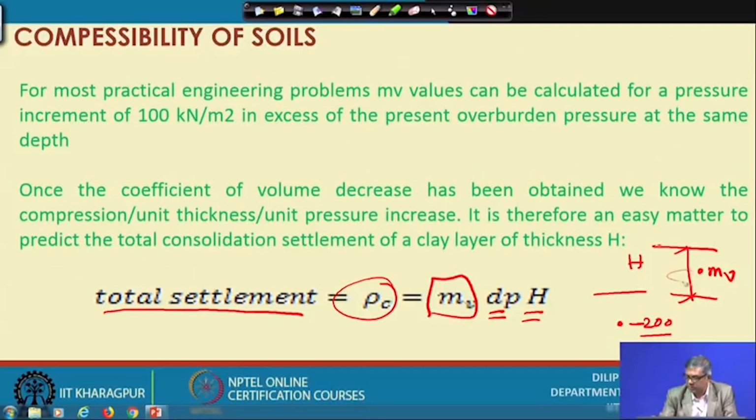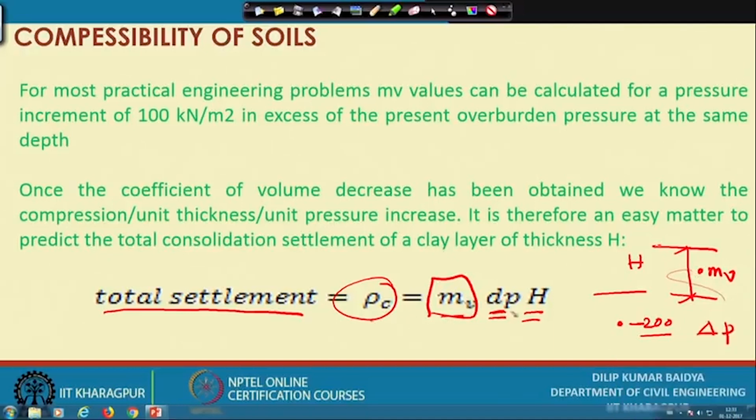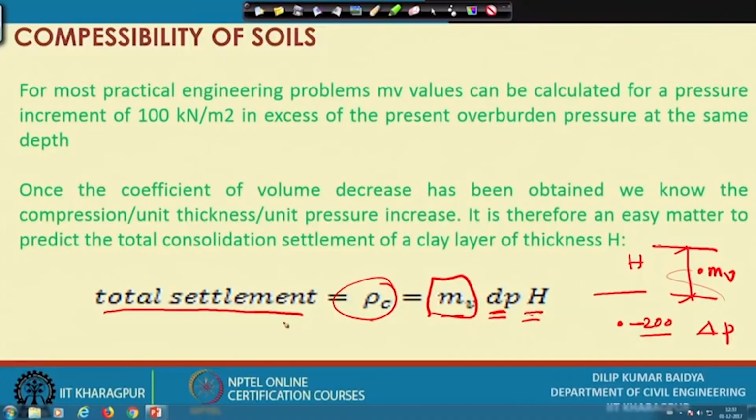Then your settlement will be MV dP into H. This is one way to find the compression, called the MV approach. By using the coefficient of volume compressibility, one can find the compression, that is, the consolidation settlement of the soil.